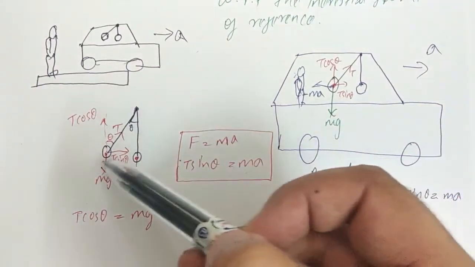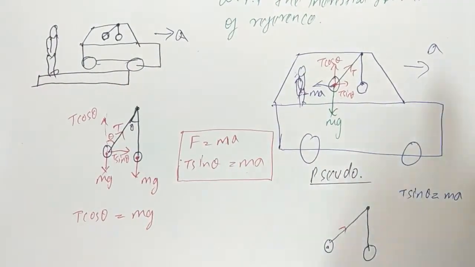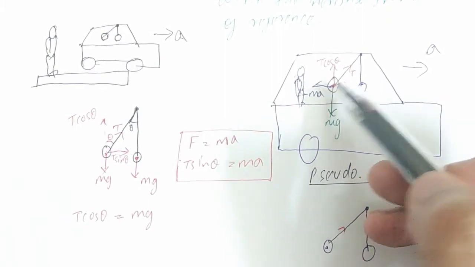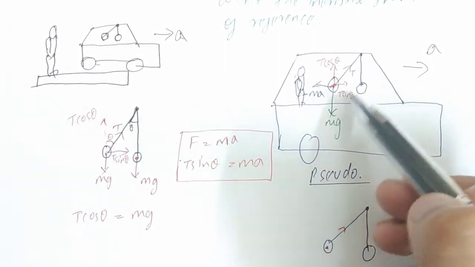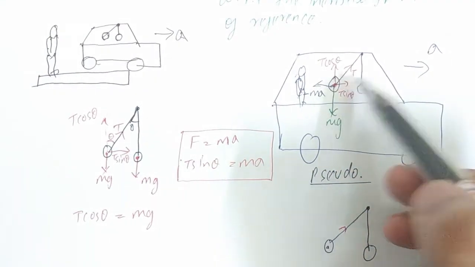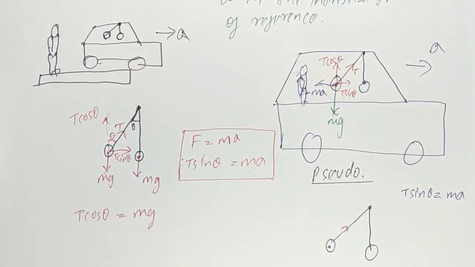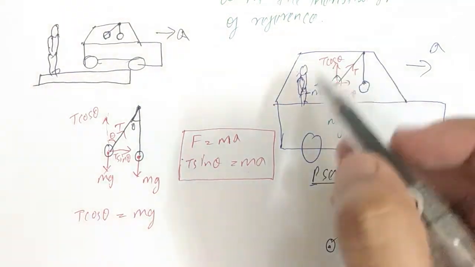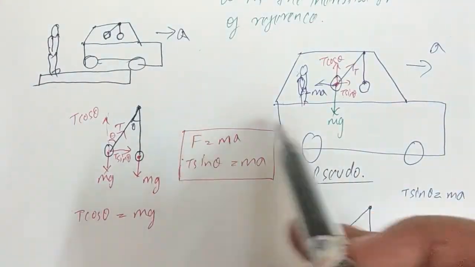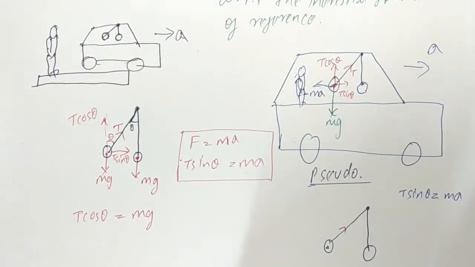In the earlier case, T sin theta was accelerating this bob in the forward direction, but in this case the mass into acceleration is balancing this T sin theta, such that this bob, as observed by this person, is stationary with respect to his frame of reference. Understood? So what is a pseudo force? A pseudo force is an imaginary force that is introduced in order to make this law hold true inside the non-inertial frame of reference.